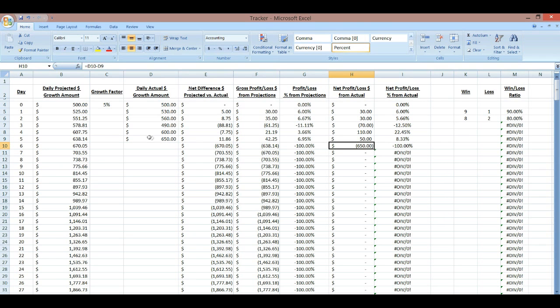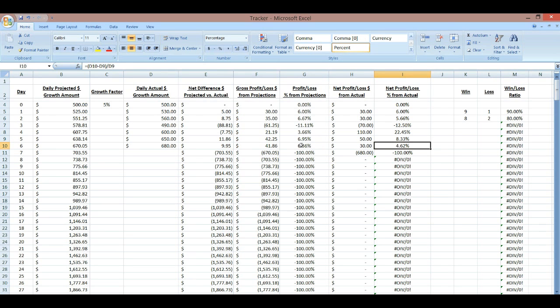And again, because you are going from a loss to now a positive growth percentage, this will now be higher than lower. But now let's say, next day you go up to 680, you'll see again here, this percentage right here is lower than your projected growth percentage.